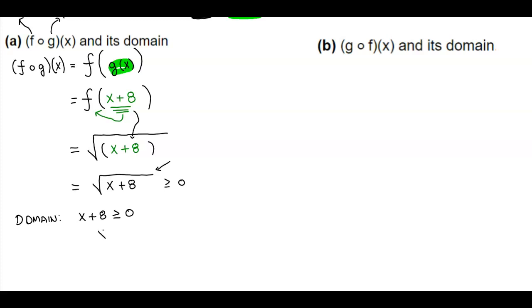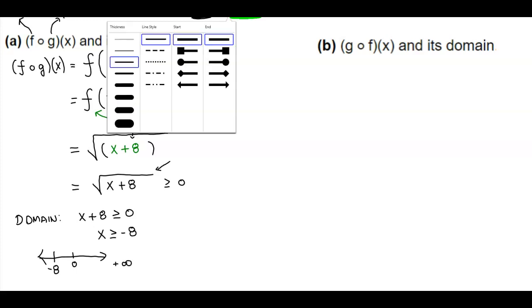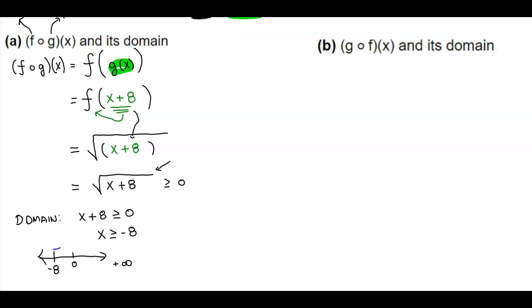If we subtract 8 from both sides, that means x has to be greater than or equal to negative 8. Now remember, if we graph this, at negative 8 the interval has to include negative 8 and go towards positive infinity. So we would have a bracket going towards positive infinity.